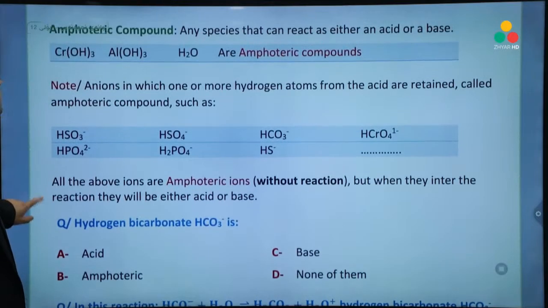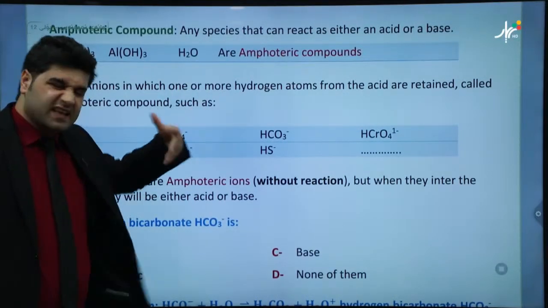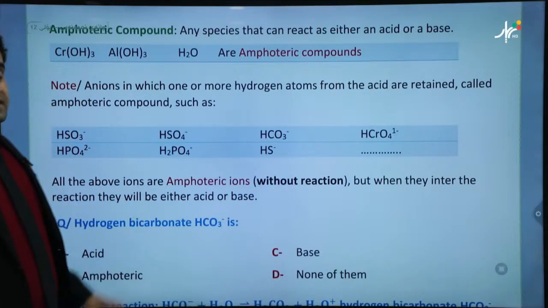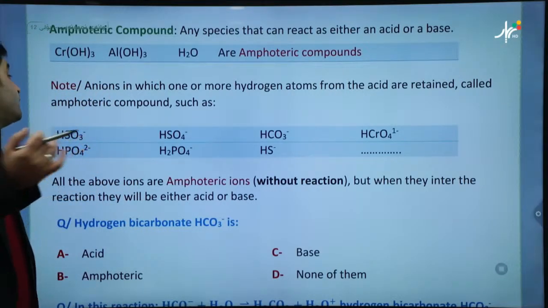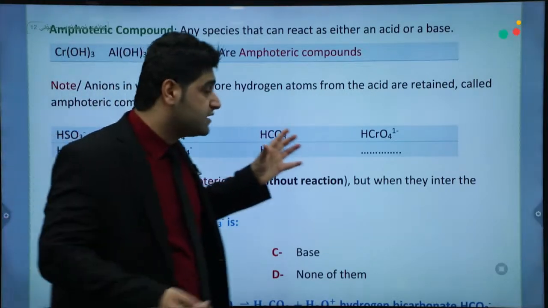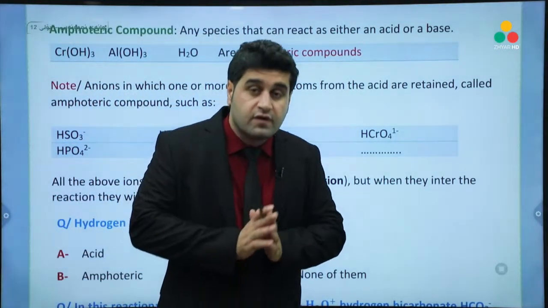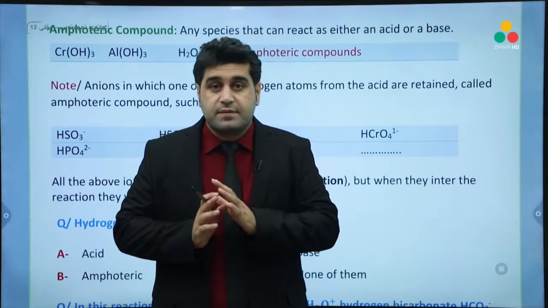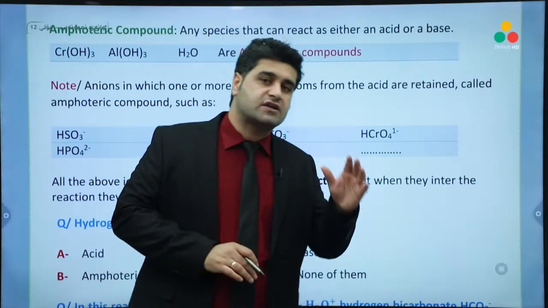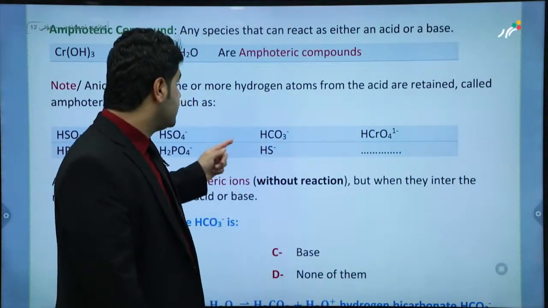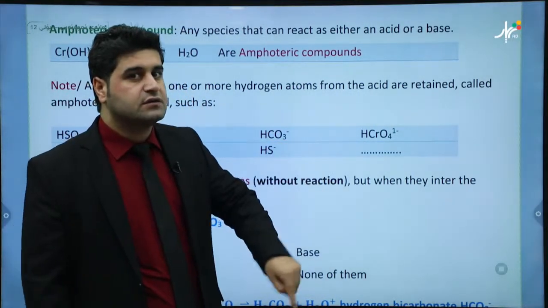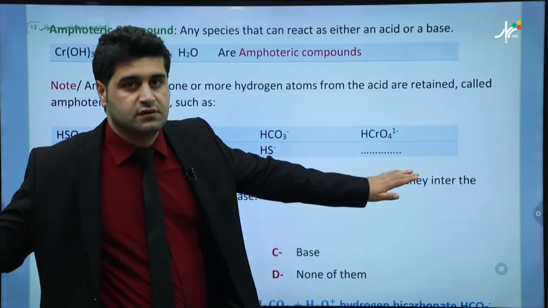But there's a condition for these things to be amphoteric. They should be present out of the reaction. It means if we have these compounds out of the reaction, if they are present without the reaction, they are amphoteric. But if we put each of them in a reaction, they are not.